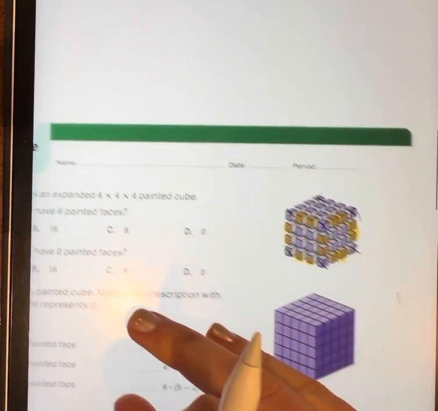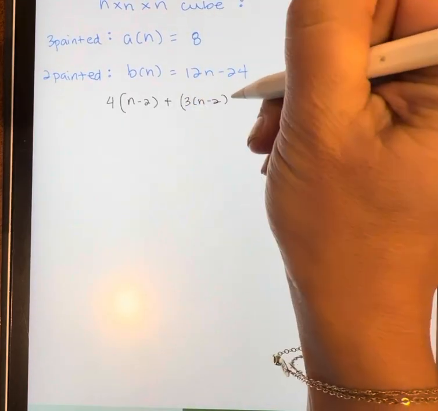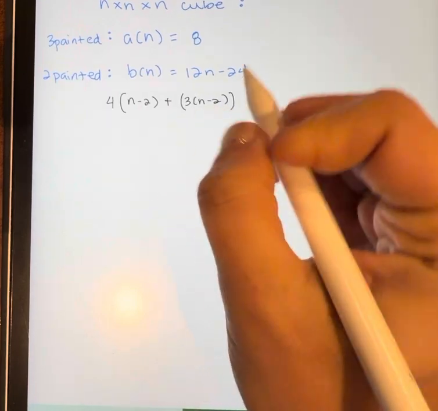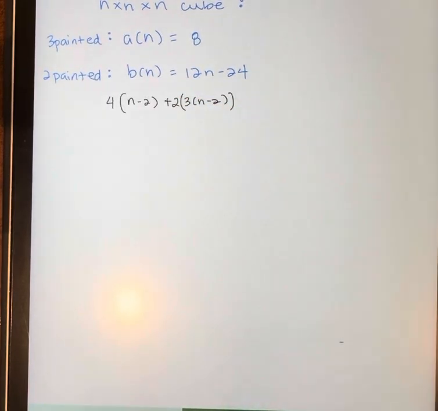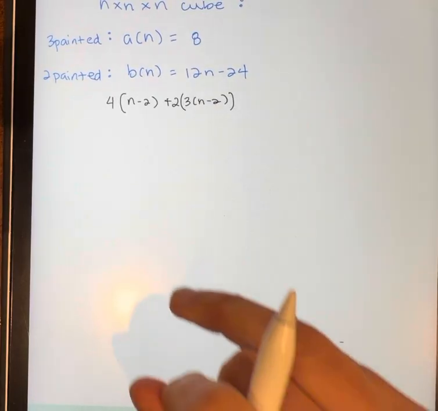And then that same exact thing will happen one more time on this face, where we're just going to have these 2 already accounted for, and then 1, 2, 3 more sets. So what we just had happens twice. So I multiply by 2. If you prefer, you could just add another 3 times n minus 2.